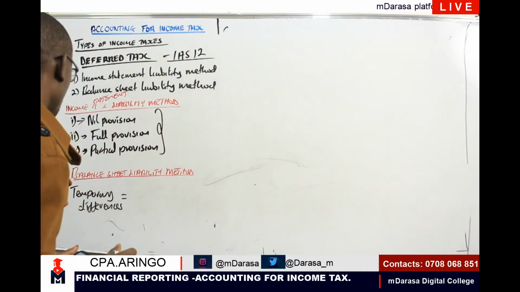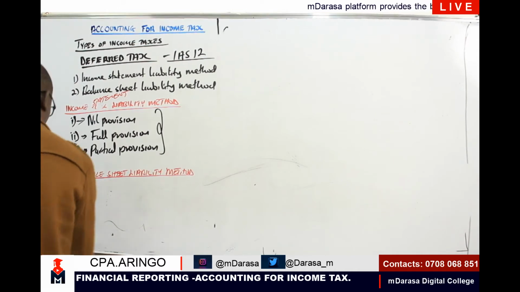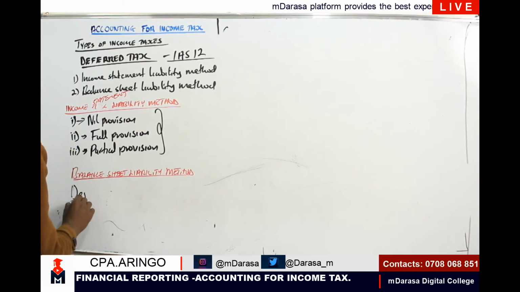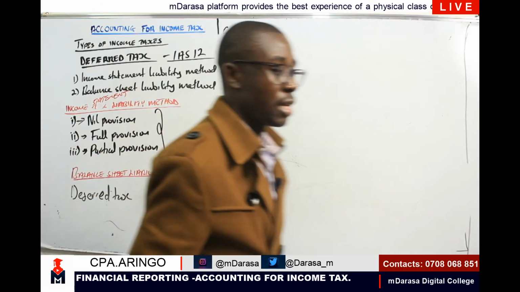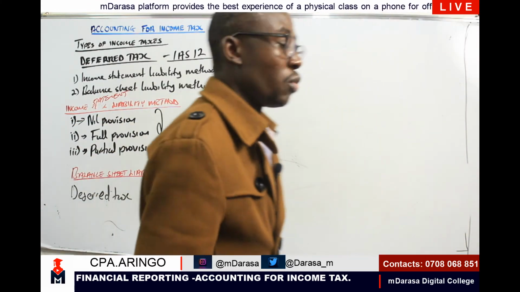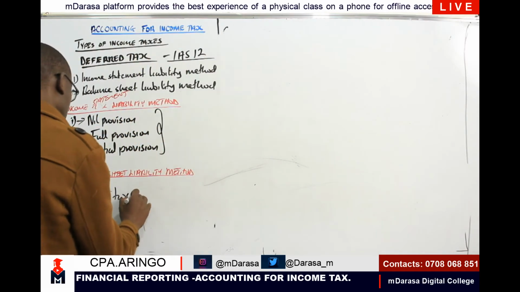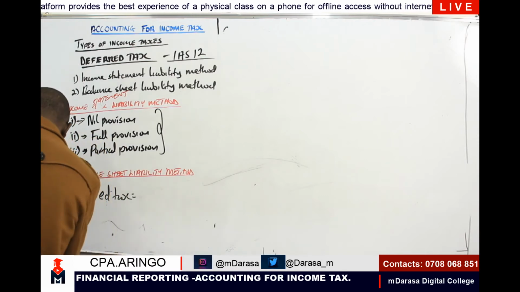So for us to determine the deferred tax, this is what you are going to consider. We are going to take our deferred tax to be the temporary differences times the tax rate.